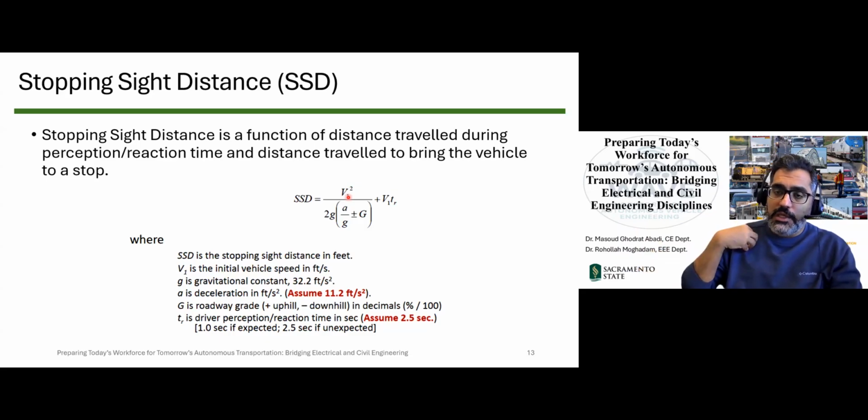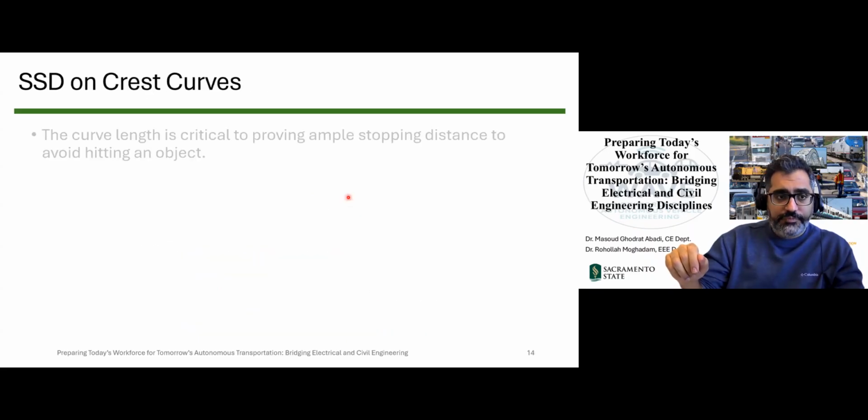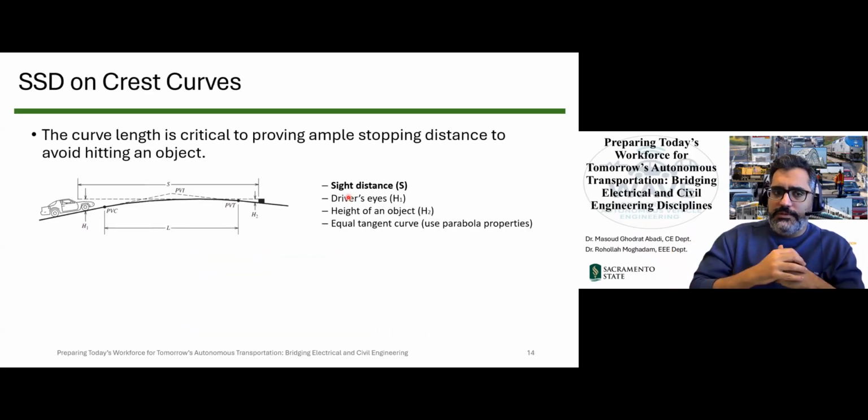Now my job is to design that curve in a way that SSD is provided, that 500 feet, for example, is provided on that curve. Now, how do we do it? We do it differently for crest curves versus sag curves because the condition is very different here, right?